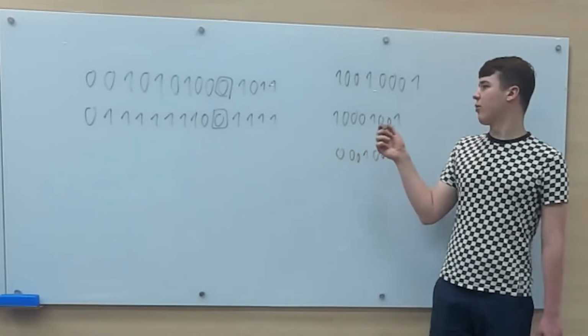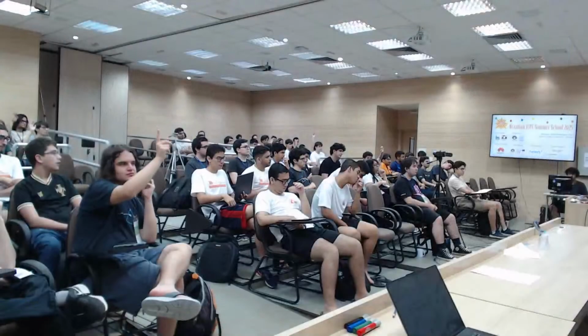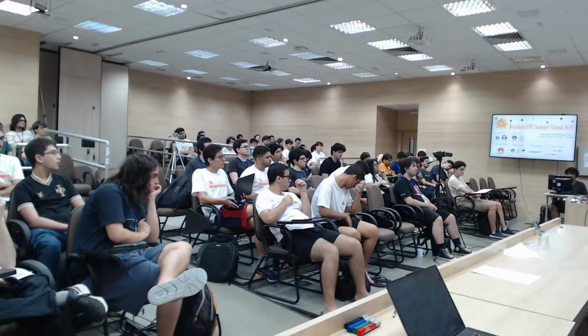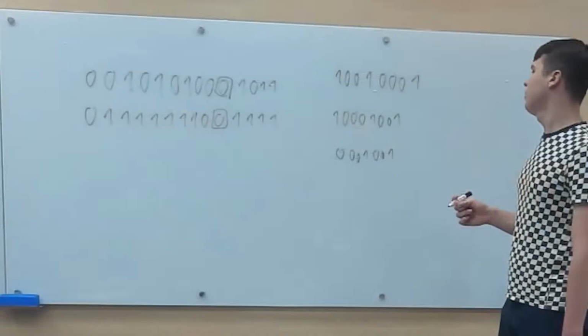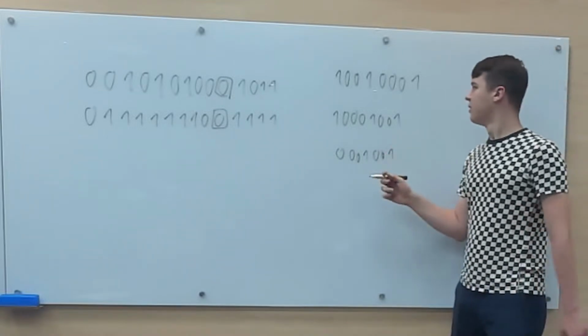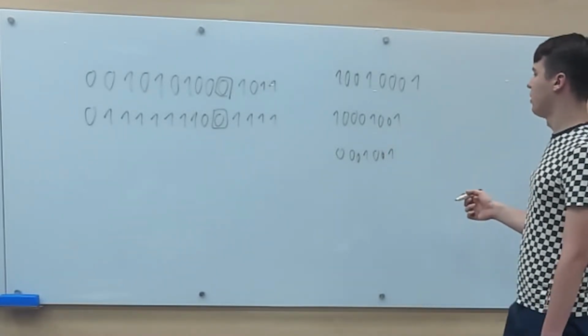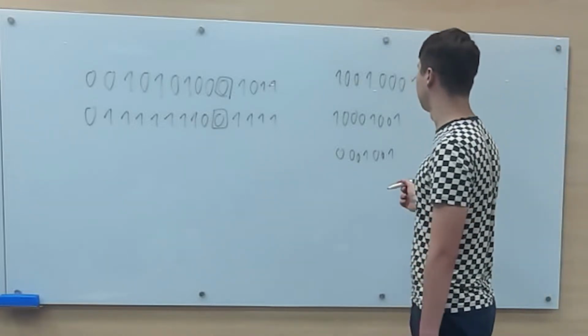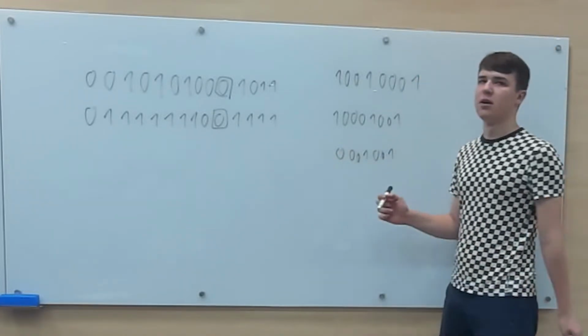Okay, so who agrees with this statement? Any questions to this? Okay, and my second claim is that we will be saving those. Let's ignore the border ones for now.